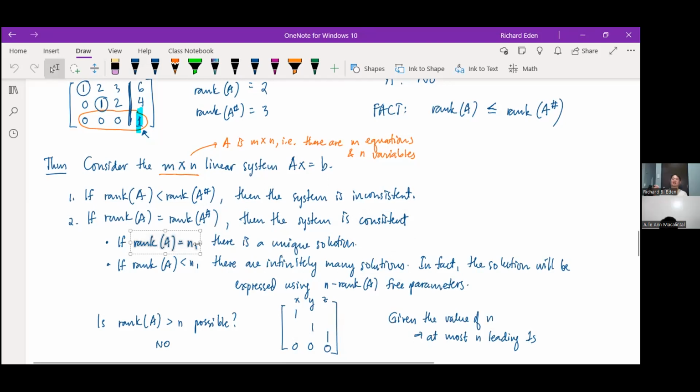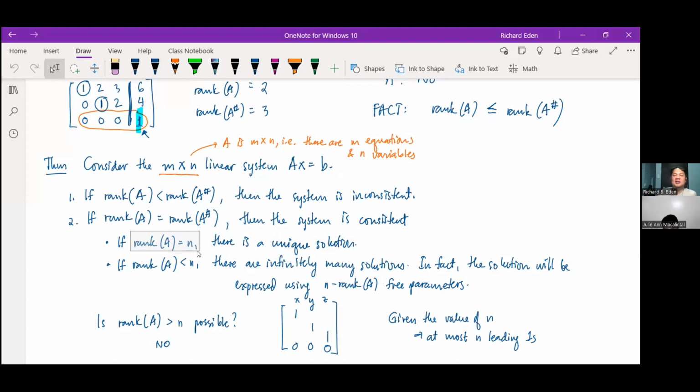So ganito nangyayari, no? Let's say you're looking at the linear system AX equals B. If A is invertible, then we know there is a unique solution, X equals A inverse B. But when is there going to be a unique solution? Only when the rank of A is equal to n.